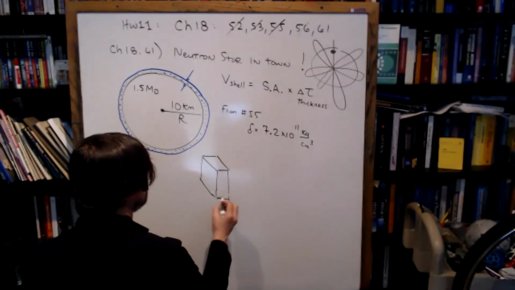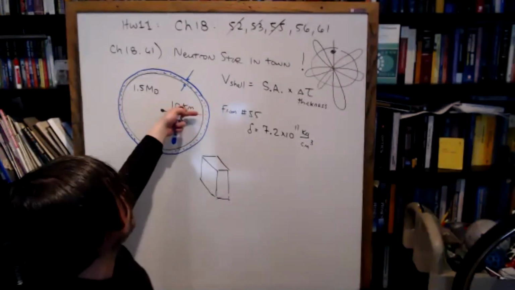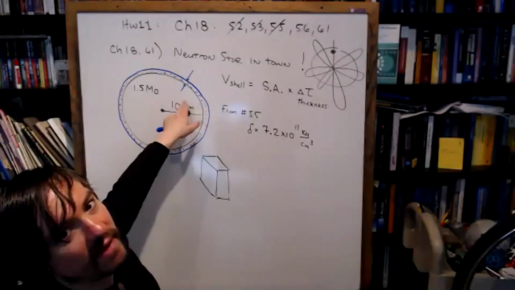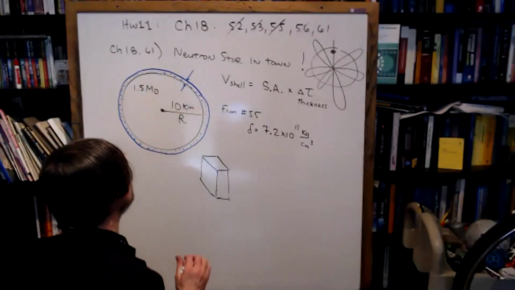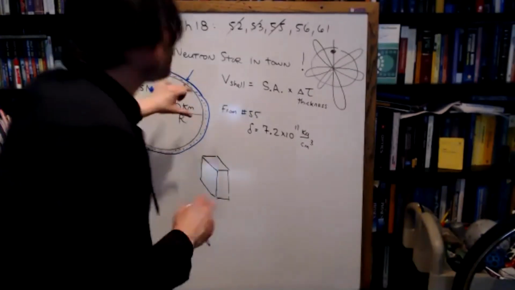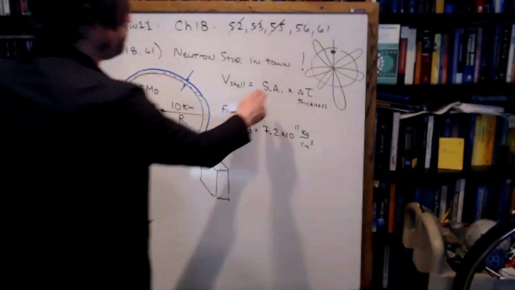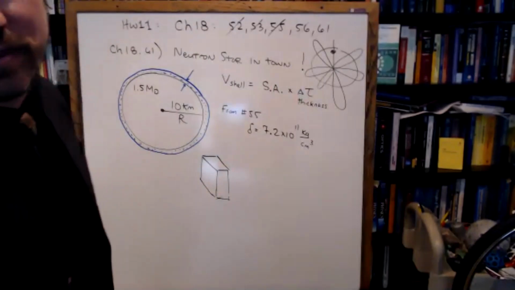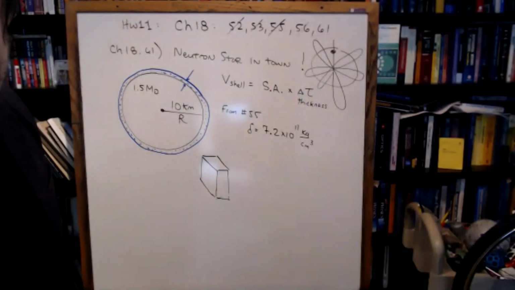Even though the radius is growing a bit, it won't grow by much, so you can treat this like a pizza box: take the surface area of the star and multiply it by a little delta t, and that gives you the volume of the shell. Did that make sense?